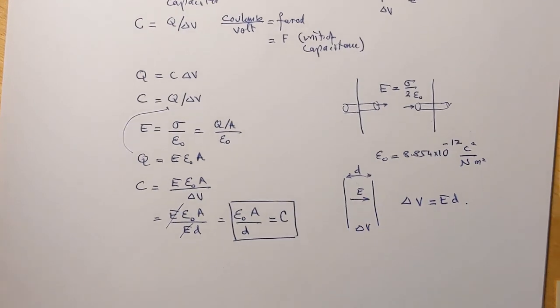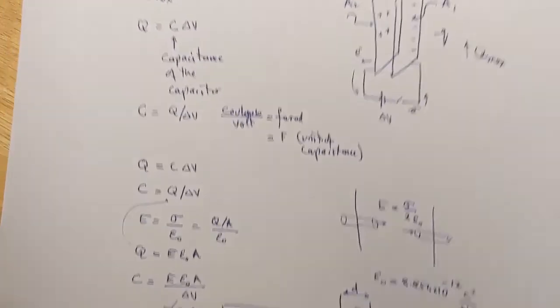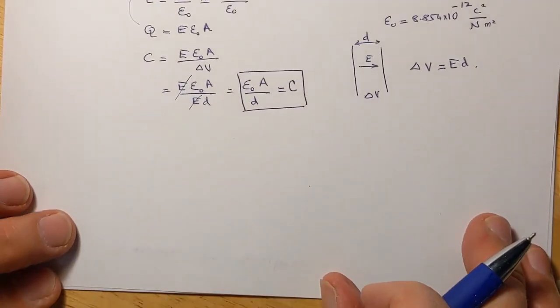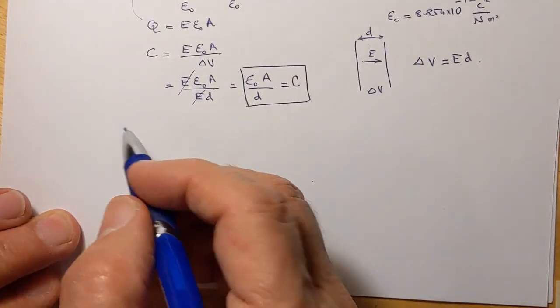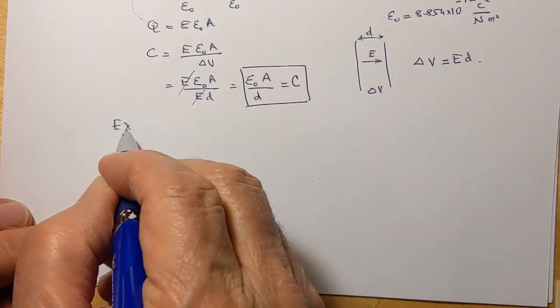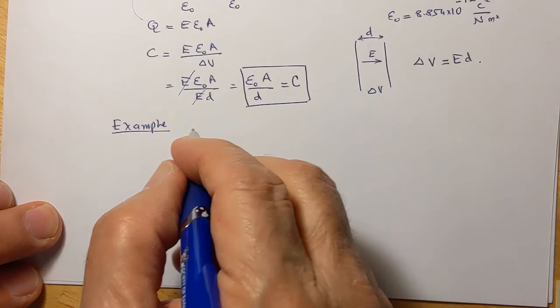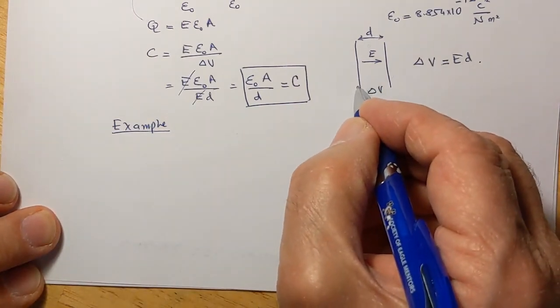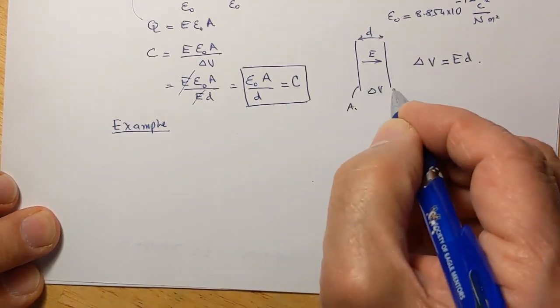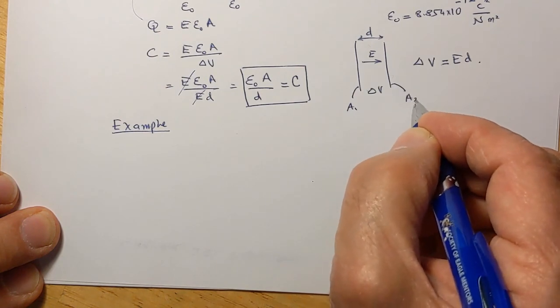Now let's do a small example on this. Let's say we have a parallel plate capacitor, and the area of one plate, let's call that A1. This area is, let's say, A2.